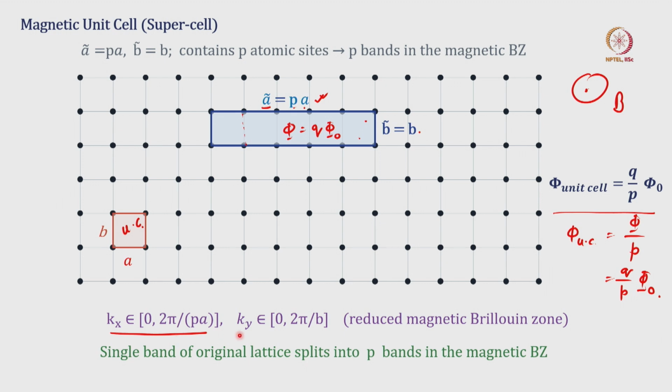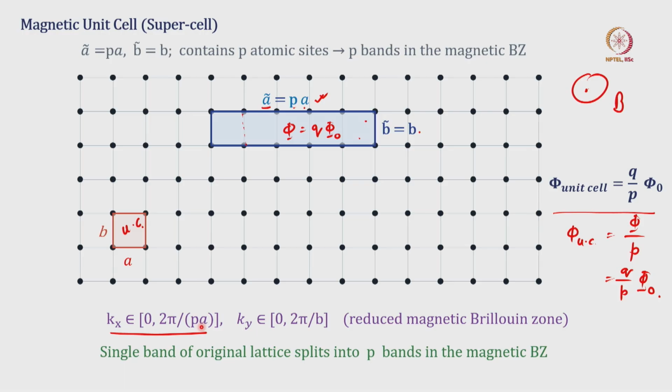Now, what we are doing is that we started with a band, which I have drawn earlier and I will draw again, which was going from 0 to 2 pi by a, but now at 2 pi by p a the band will start folding.